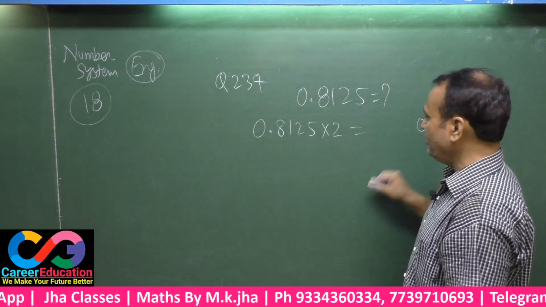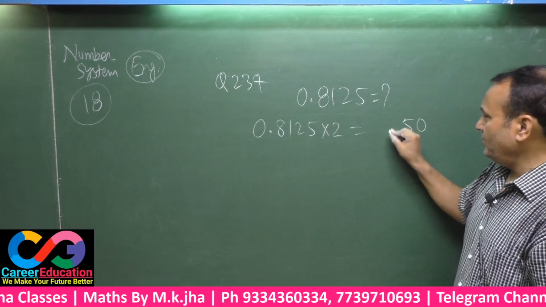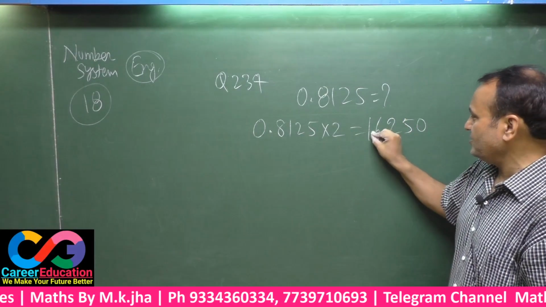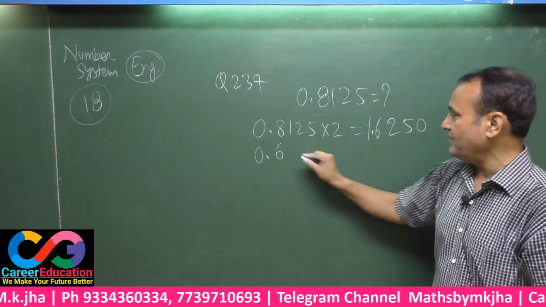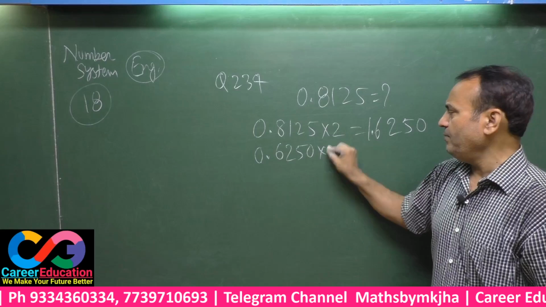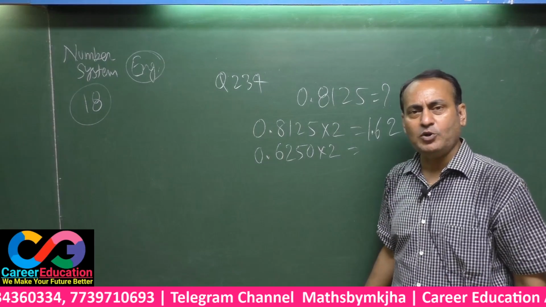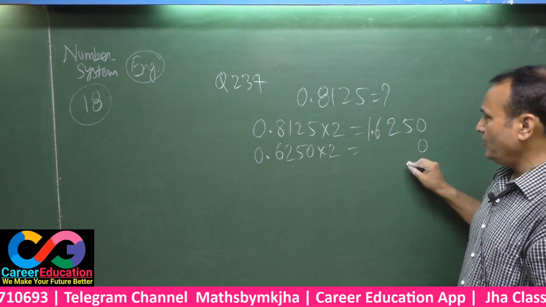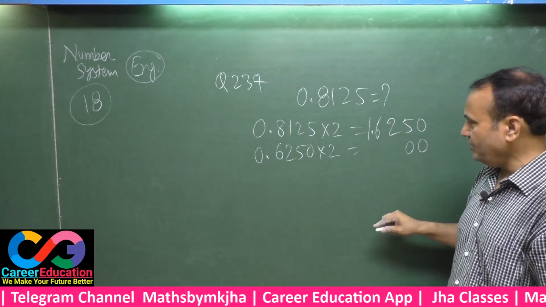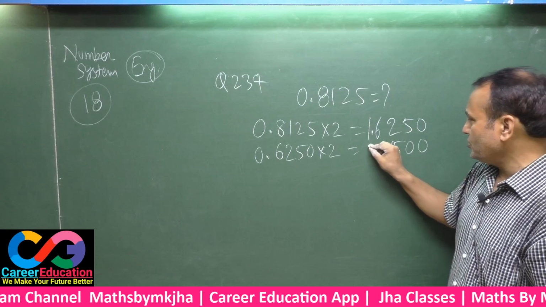2 times 5 is 10, 2 times 5 is 50, 2 times 1 is 1.6250. Again, this decimal part, 0.6250, is to be multiplied by 2. All the time you have to multiply any result by 2 only. So 2 times 5 is 10, 2 times 2 is 4 plus 1 is 5, 2 times 6 is 12.